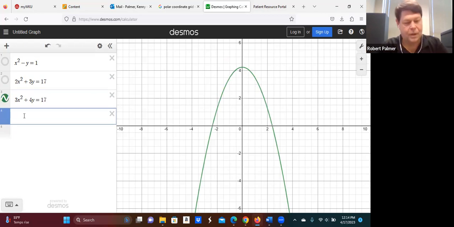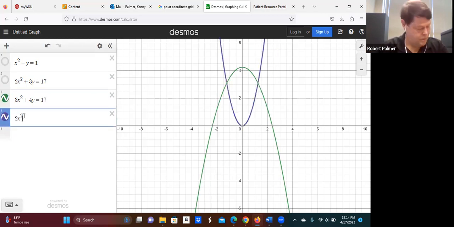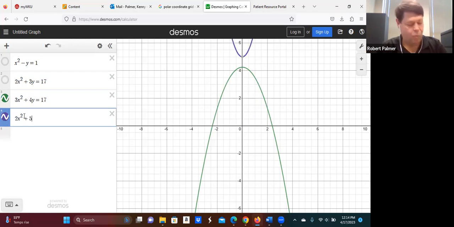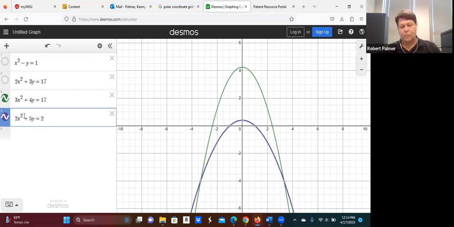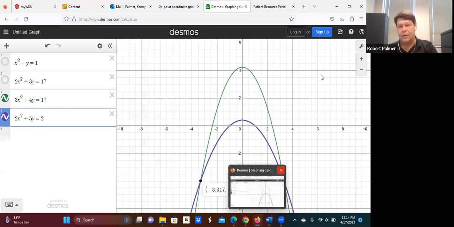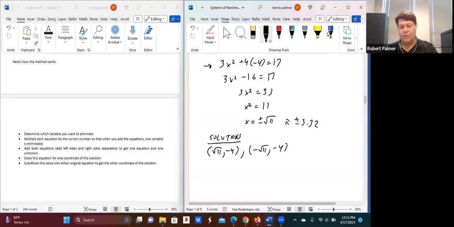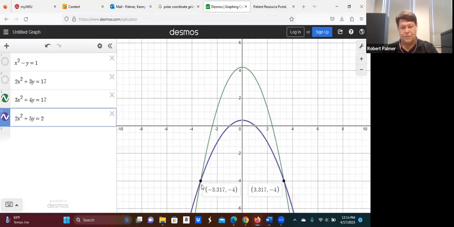And our second equation is 2x squared plus 5y is equal to 2. And here are our two solutions. One here and one there. If we double check, we said that should be approximately plus or minus 3.32. Yeah, as we can see, plus or minus 3.32 and negative 4.